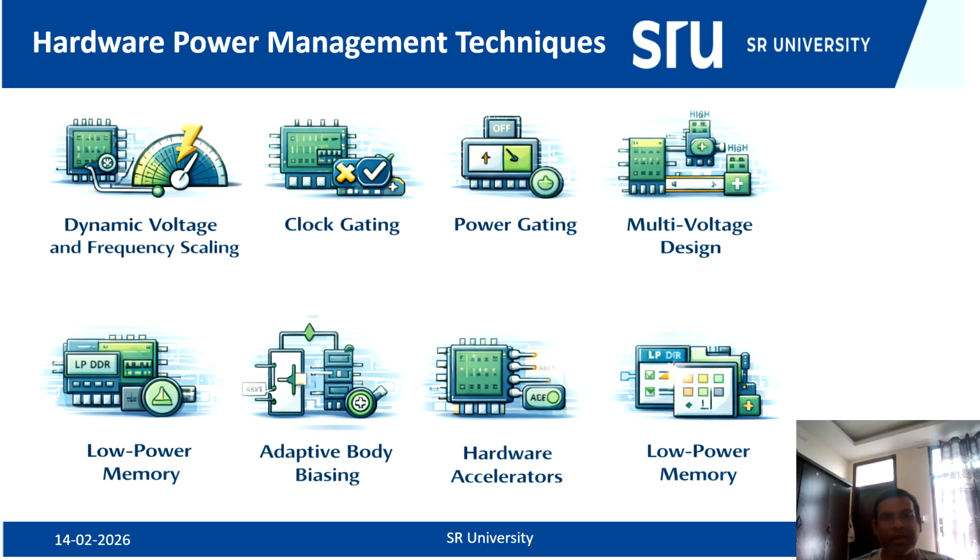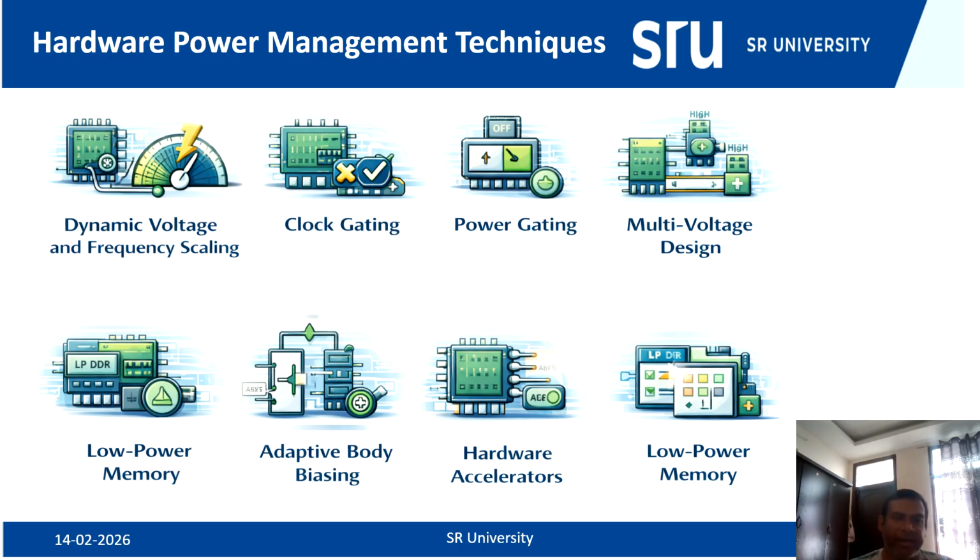When the system is executing a computationally intensive task, a high voltage and frequency are used to meet the performance requirements. However, during idle periods or less demanding operation, both voltage and frequency can be reduced.